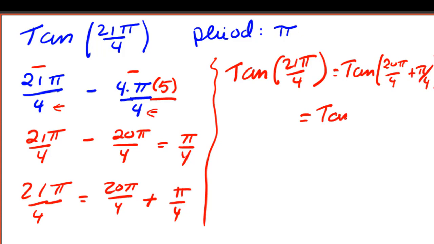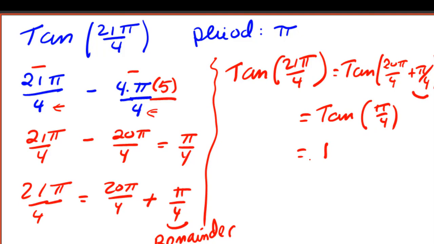What I want to really concentrate on is the remainder. Really, all this is about is the remainder. Just like when I subtracted, what I cared about was the remainder. The remainder is all we care about. So now I ask myself, what's the tangent of pi over 4? I can go through the whole process, but in this case it's a 45-degree angle. The sine and the cosine are exactly the same, so the answer here is 1.